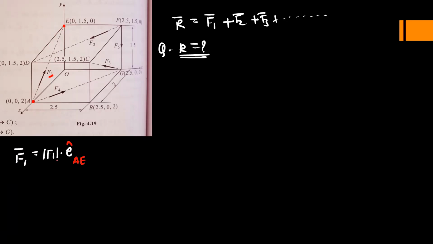And the magnitude of the F1. So F1 is given as 1 kilonewton. So you can write the magnitude of all forces. So these are the magnitude for F1, F2, F3, F4 and F5.